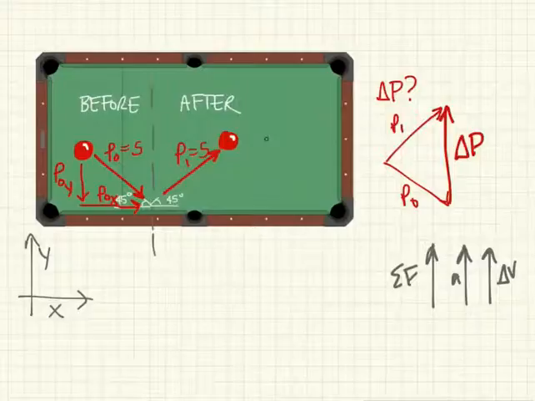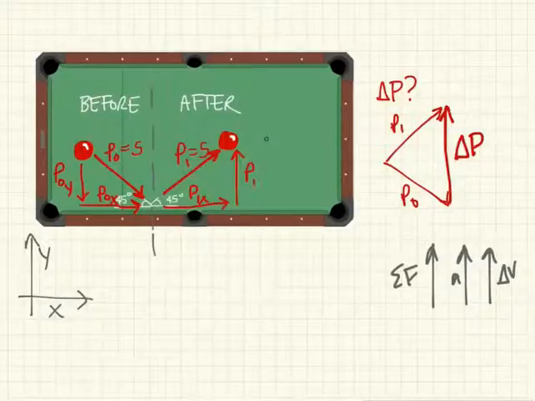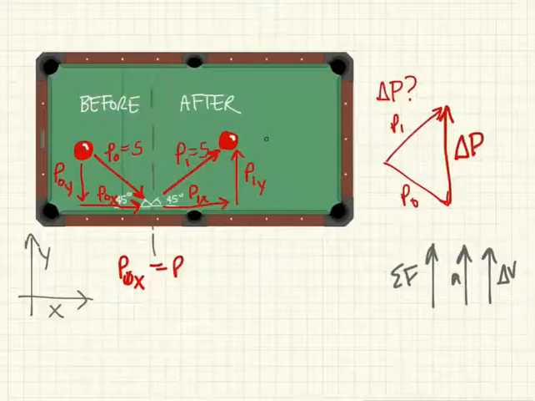Similarly, when it comes off the wall, it's continuing forward, so it has a momentum after the collision in the x direction, but it's also moving away from the wall, so we have a momentum after the collision in the y direction. What our analysis shows is that the momentum before the collision in the x direction equals the momentum after the collision in the x direction, so we don't care about that direction. All of the change happens in the y direction.